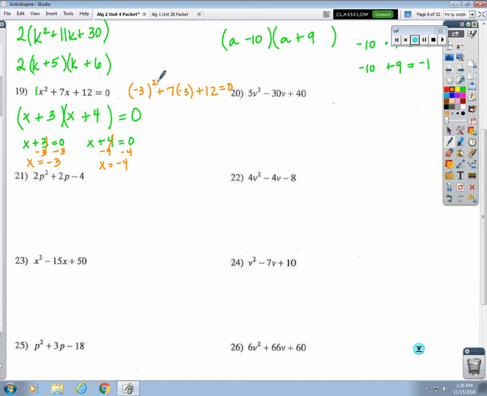Okay, now plug in a negative 4 for both of them and see if it also produces a 0. Did it give you a 0? So that's why those are the solutions, because when plugged in, they make the equation equal 0. Okay, go ahead and try 20 and 21.